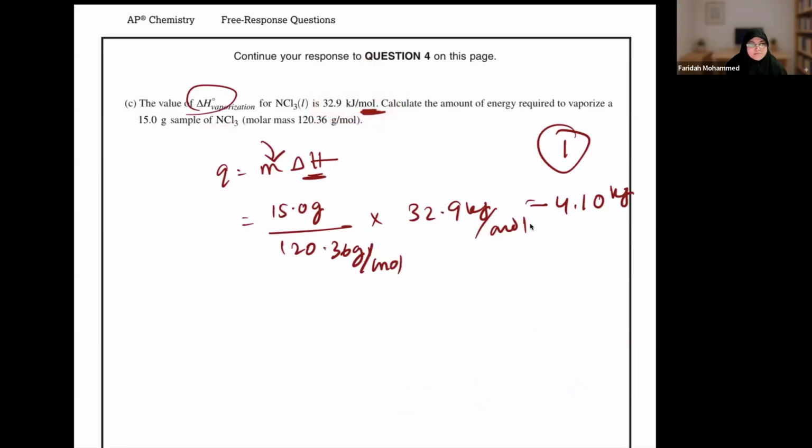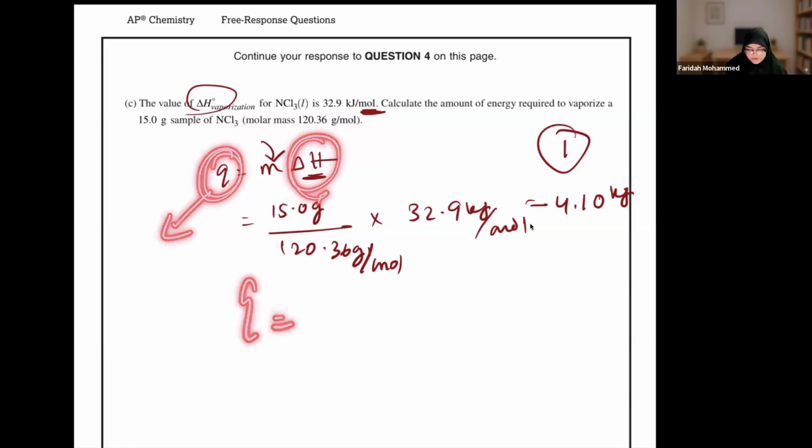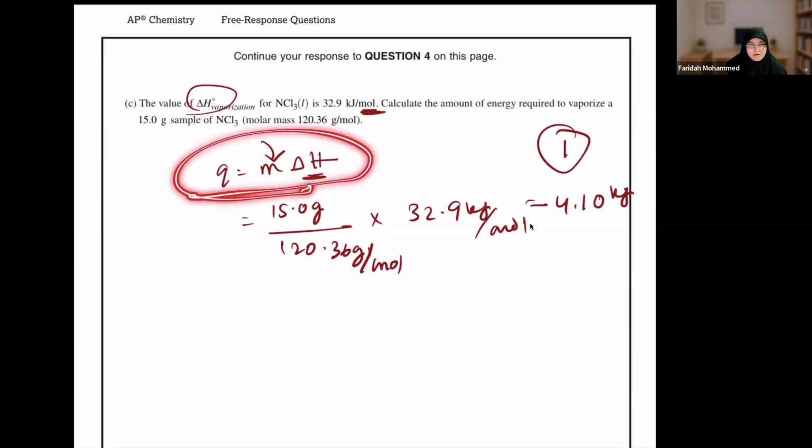Yeah, Sakit? So whenever it's asking for energy, you use delta H, or you find delta H, right? Q is energy. Delta H is enthalpy. Okay, that makes sense. I want to give you guys as few formulas as possible, because you already know this formula based on the phase diagram.